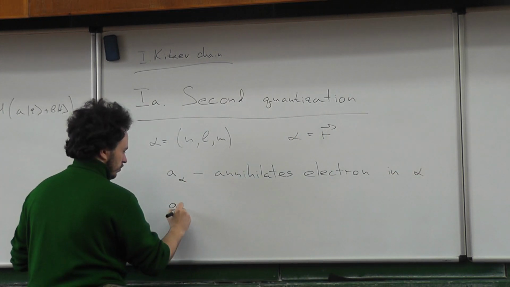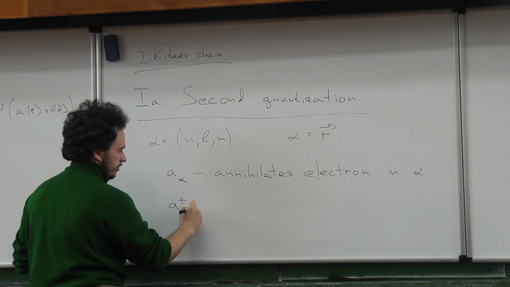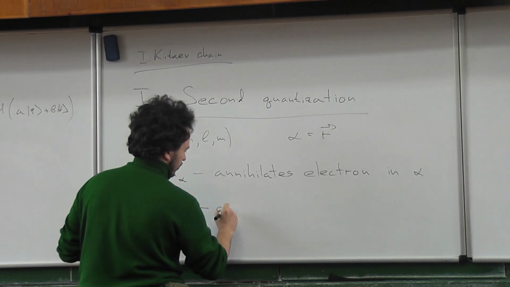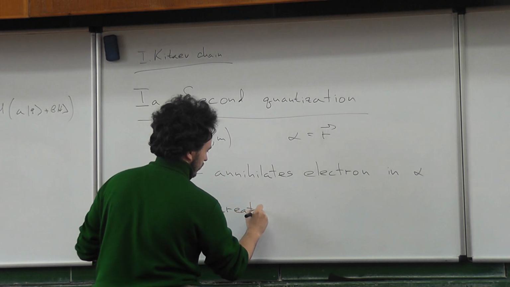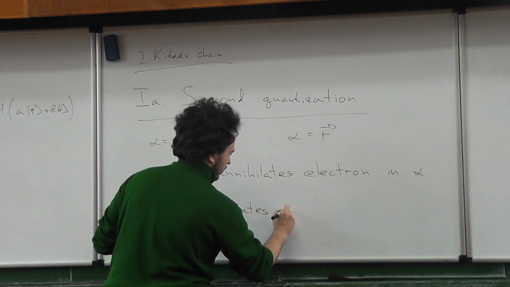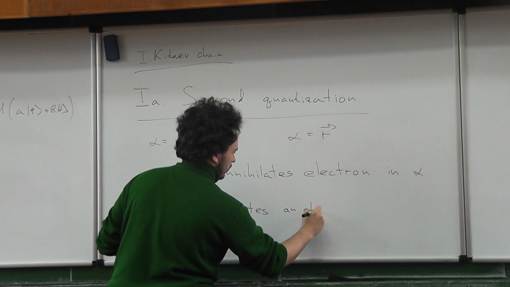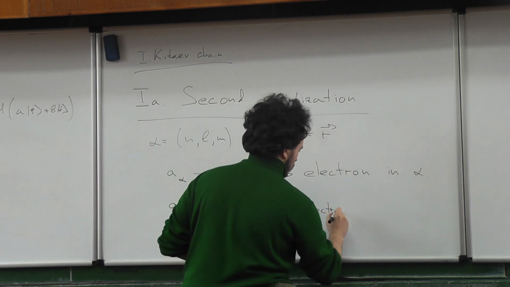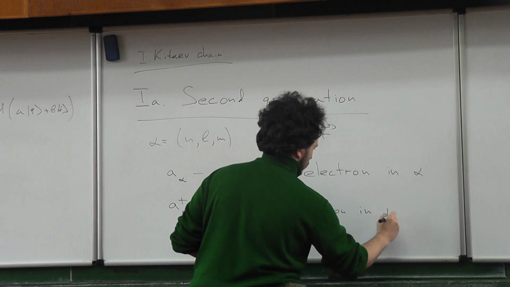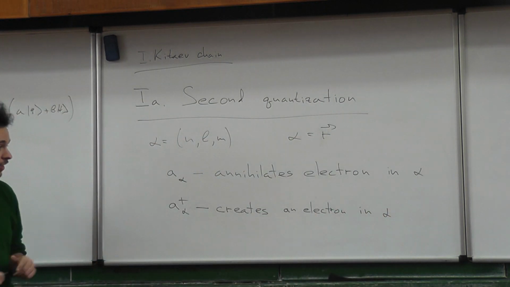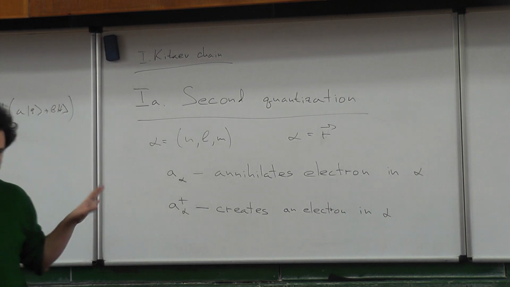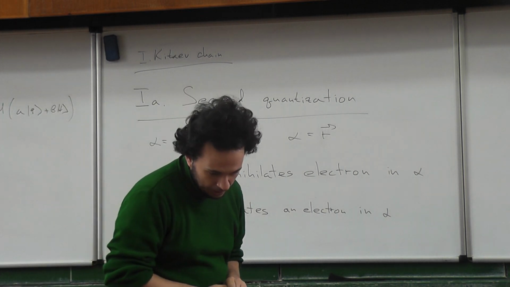And I'm going to have its Hermitian conjugate, which is an operator that creates an electron in state alpha. You'll see in a moment how it works for those who don't know.